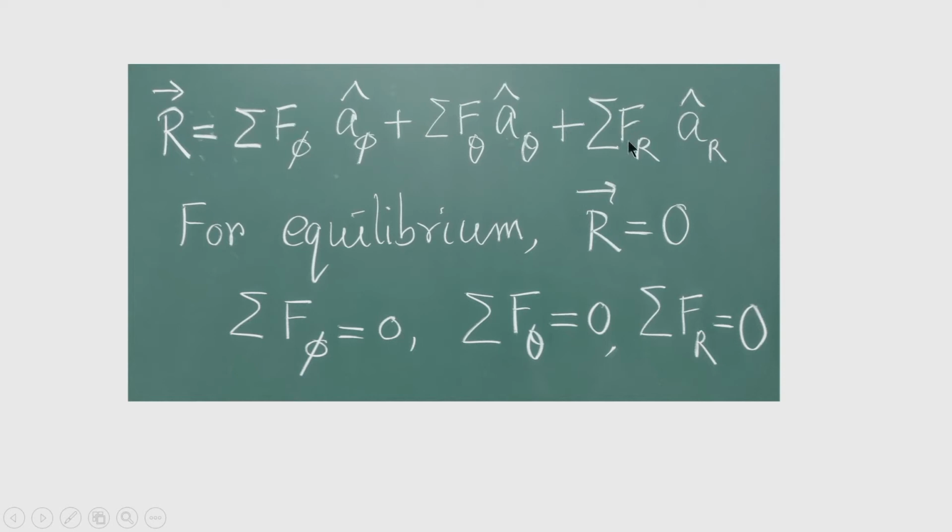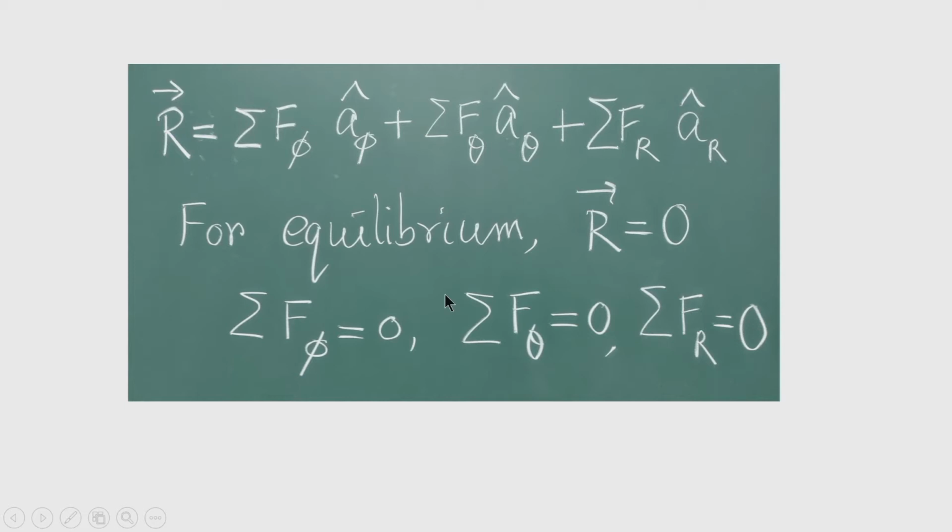Similarly, F r, the summation of all the forces in the radial direction, we collect here and assign the unit vector a r. Now, for equilibrium the resultant must vanish, so the vector R equals 0. That indicates that individually the summation of F phi equals 0, the summation of F theta equals 0, and the summation of F r equals 0.